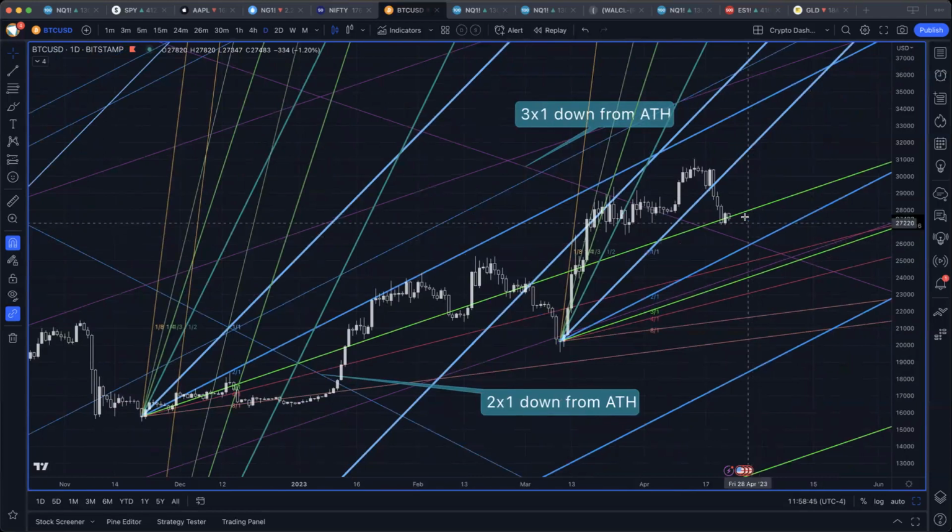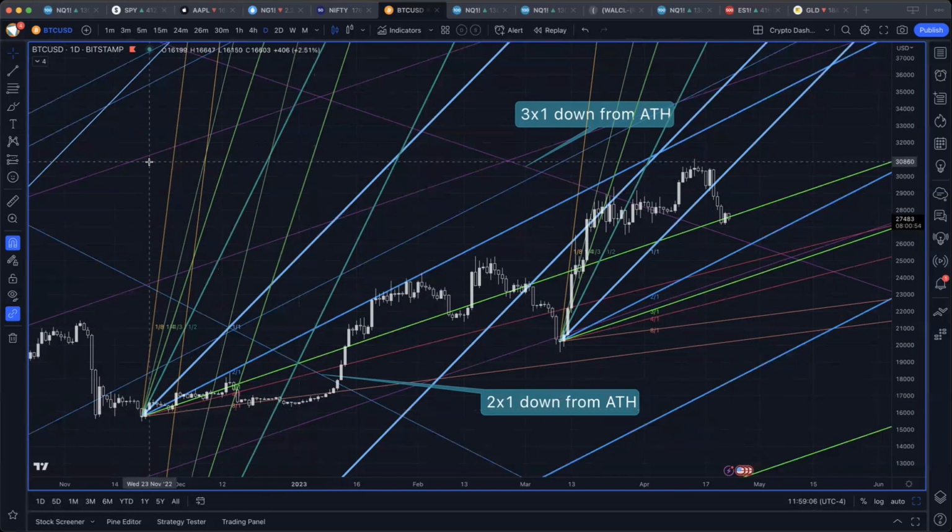It would indicate that we've dropped below these Gann Fans down from the all-time high, which would be a pretty big change in the pattern of what we're seeing since late December. Okay, so that's an update on Bitcoin.